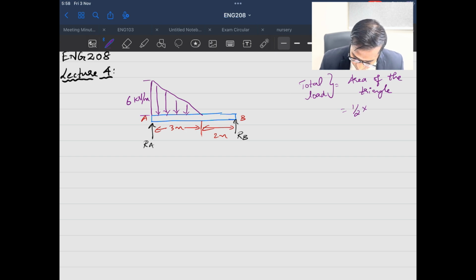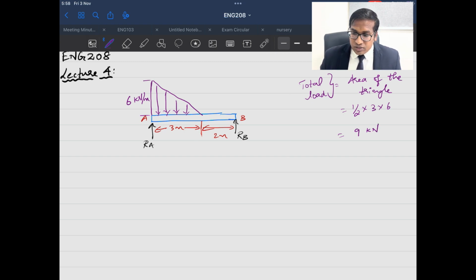The breadth is 3 meter, so it will be half into 3 into the height, 6 kilonewton. I will just write 6 now, and add kilonewton later. So this will be 9 kilonewton. So my total load will be 9 kilonewton.